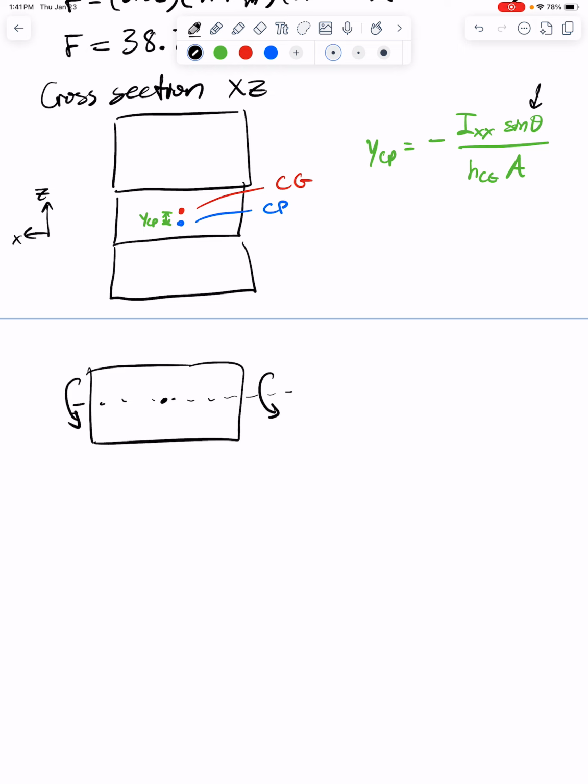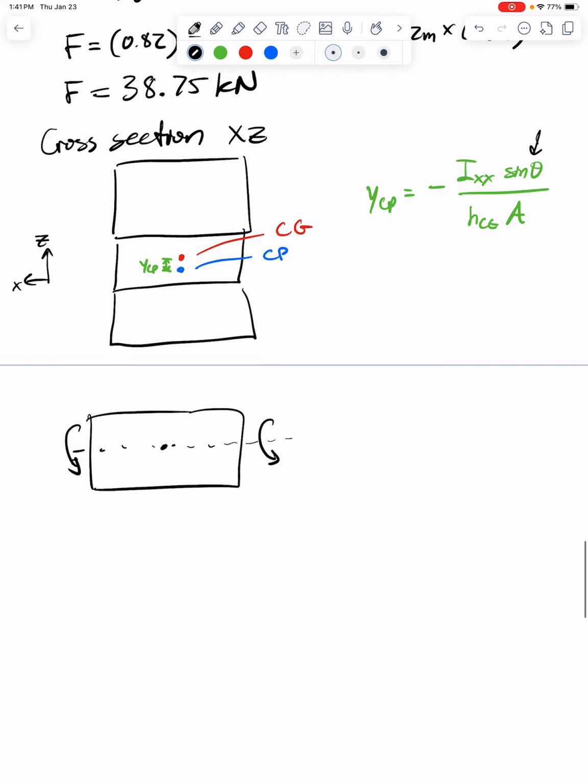So if the plate were to swing towards me or swing away from me, that term IXX refers to that cross section's ability to resist that motion. That's what those two terms refer to. And this is along the x-axis, I guess. Well, maybe the other way. Okay, so anyways, with this equation, we can solve for YCP.